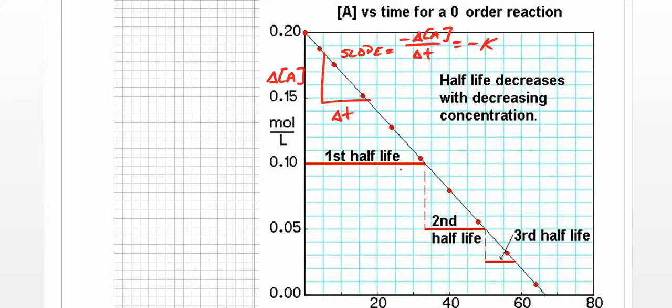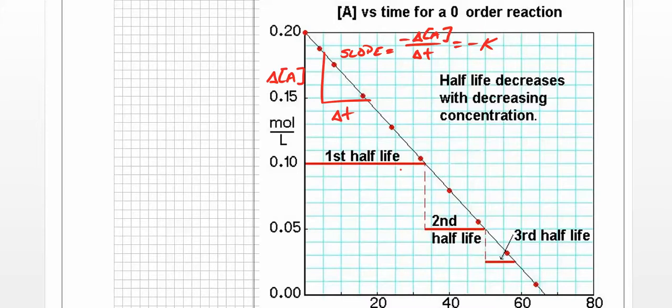So remember, it's rise over run. Change in A divided by change in T will give you the slope, right? So the slope of the line that you get with the integrated rate law for a zero order reaction will give you the negative K. Take the negative of that, and now you've got the K. Notice also from this graph that the half-life time is changing, right?